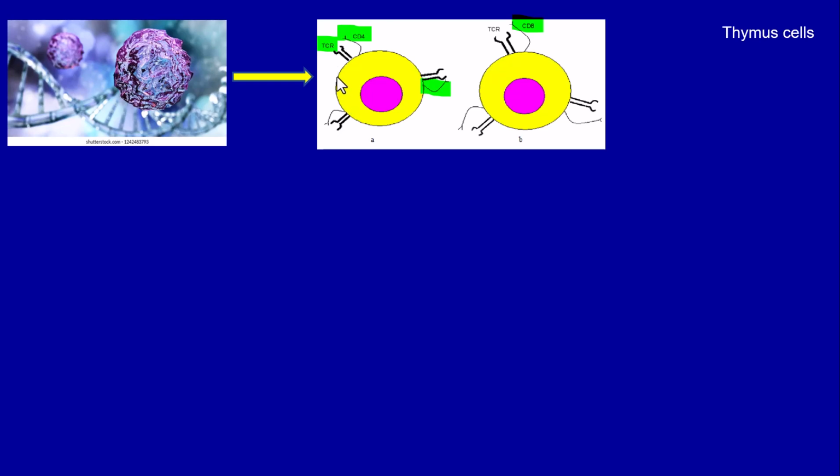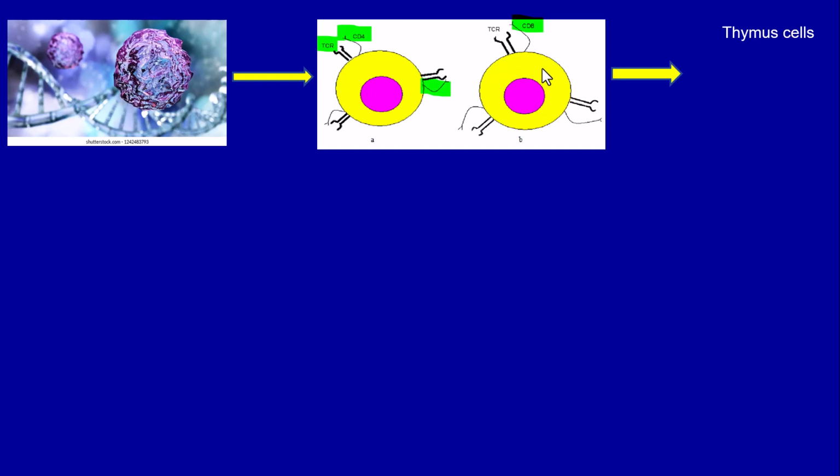And also on the surface of this immature T cell, under the action of this protein, a molecule CD8 or CD4 is produced. So when these two, the receptor and the molecule, are produced on one cell, the T cell receptor and CD8 molecule are produced, or the T cell receptor and CD4 are produced.